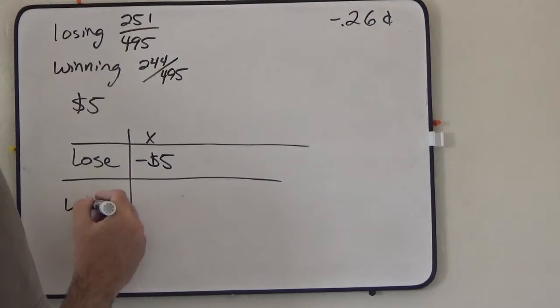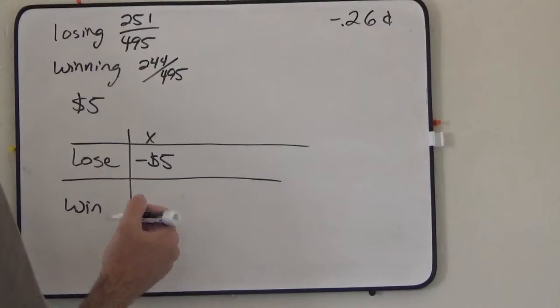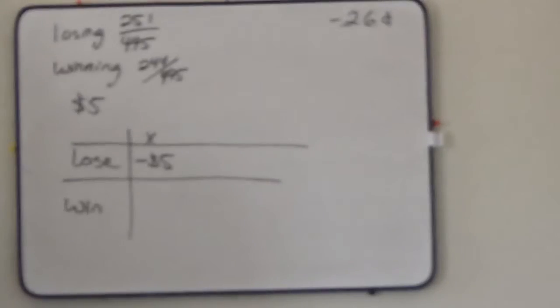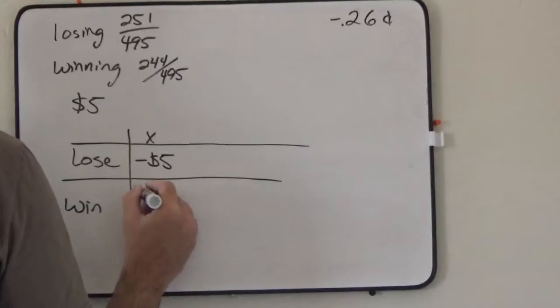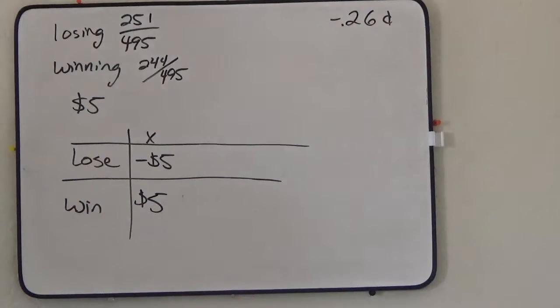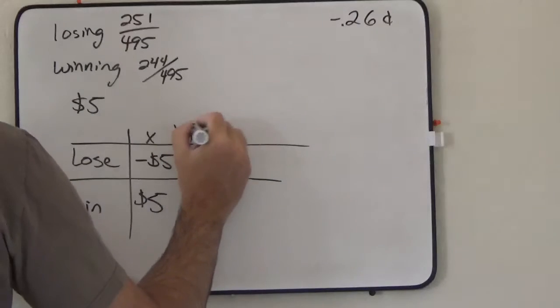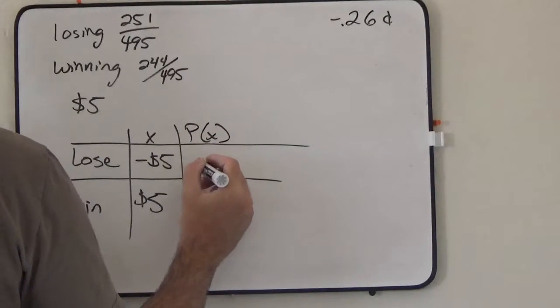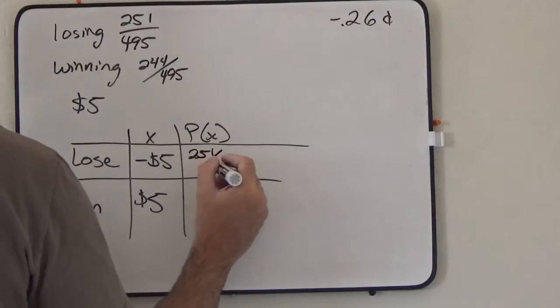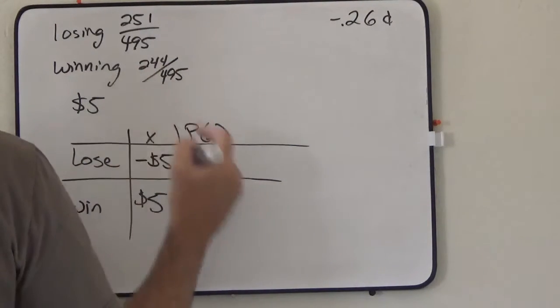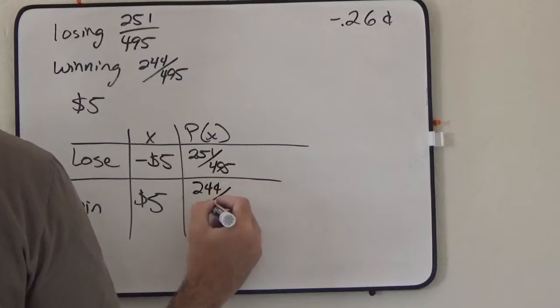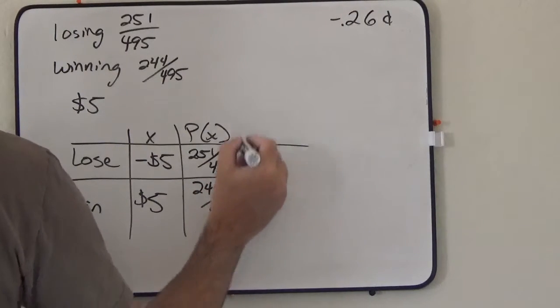And if we win, we only are going to get, I'm pretty sure I wrote this wrong, $5. Wrote it down wrong in my notes. So now we want to find the probability of these. This one was 251 over 495. And this one was 244 over 495.